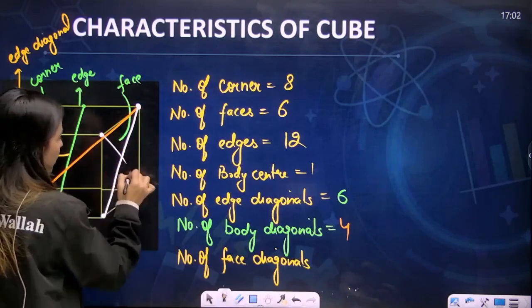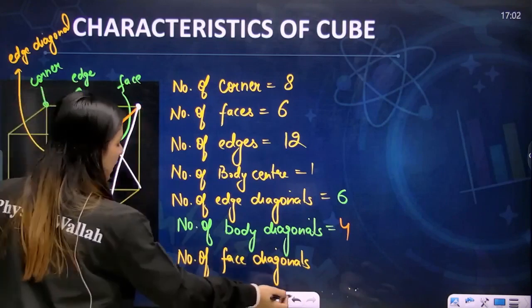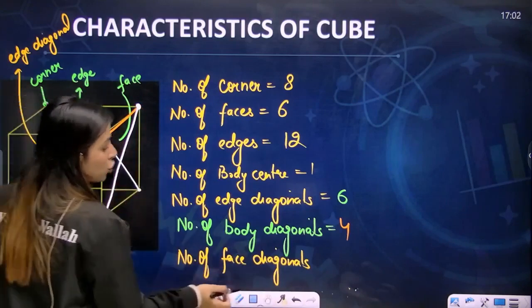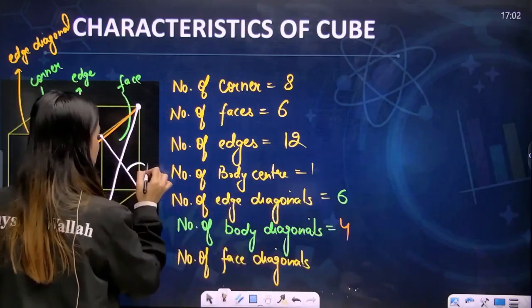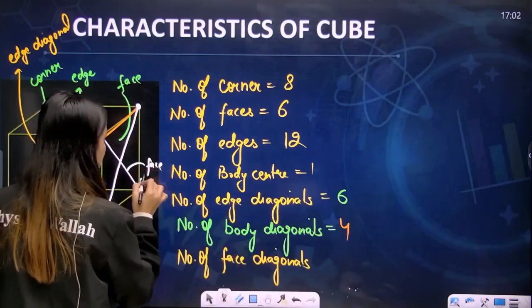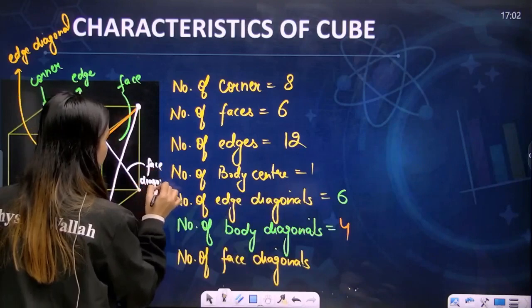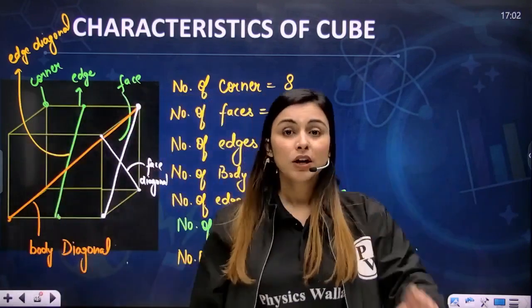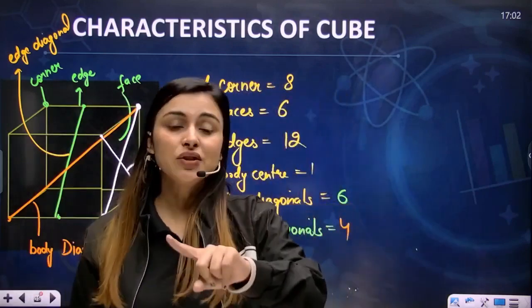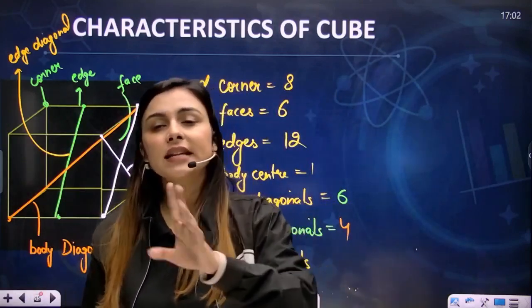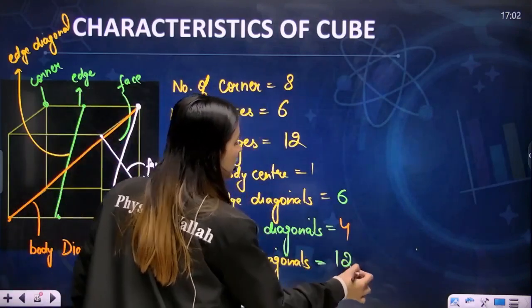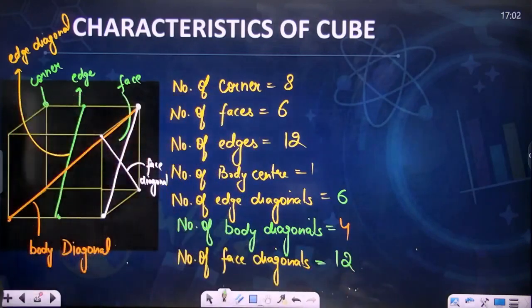This particular point to this point will give you another face diagonal. So this is known as a face diagonal. How many face diagonals do you have? You have 6 faces and each face has 2 diagonals. So 6 into 2, you have 12 face diagonals.